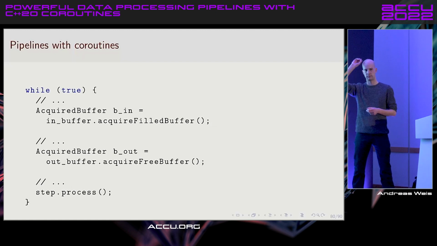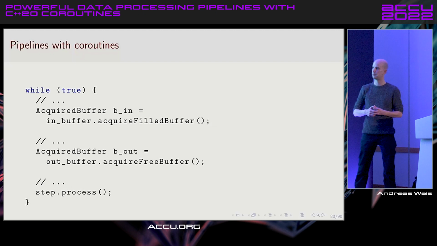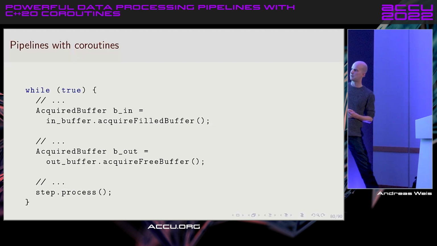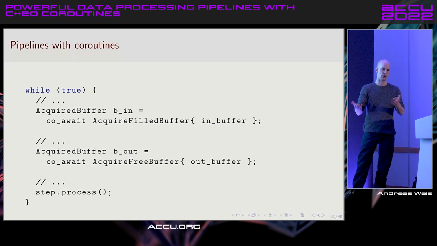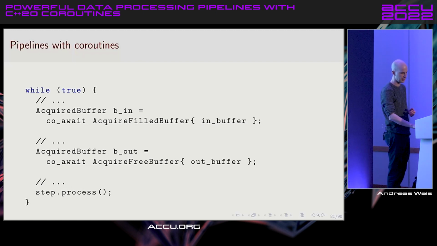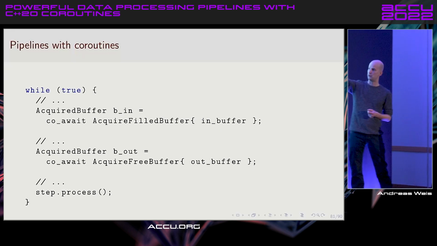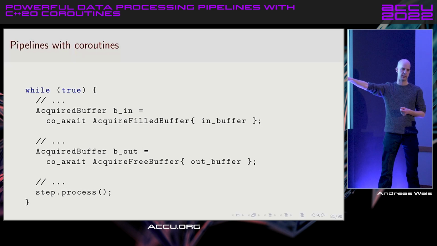So we're going to grab these execute functions where each step is executing in its own loop, except that in the threading case, these acquire functions were just blocking and waiting for the neighboring threads to do their work. We're now going to do a co_await in these places.